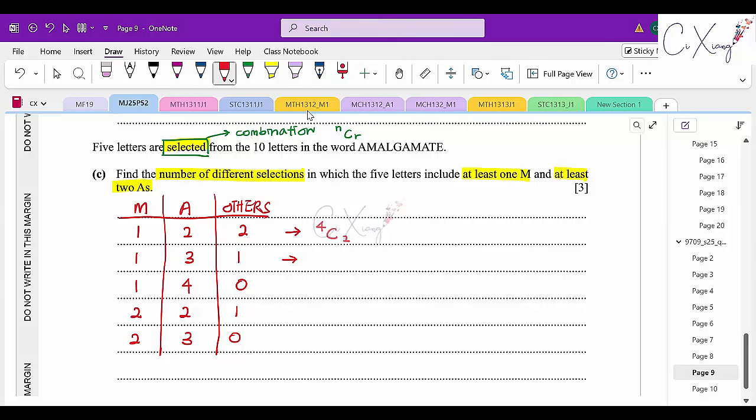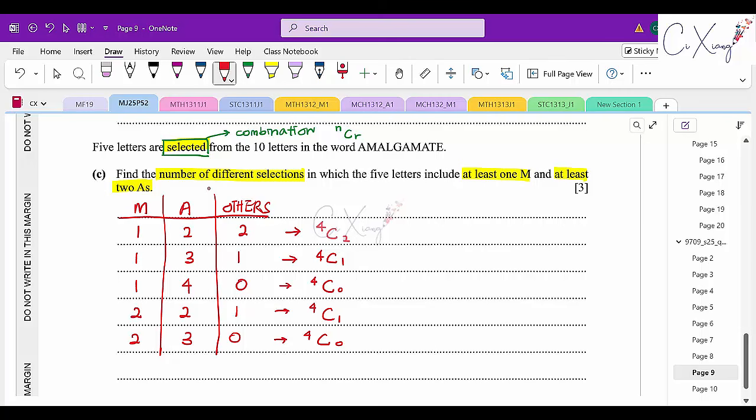For this one, it will be 1 M, 2 A's. No need to bother about them, but you have to choose 1 letter from all the other letters. So 4C1. Then this one is 4C0. This one is 4C1 again. This one is 4C0 again. So you can see that in all our combinations here, we focus on the other letters, because there are 4 other letters and you want to choose 2 of them, 1 of them, and so on.